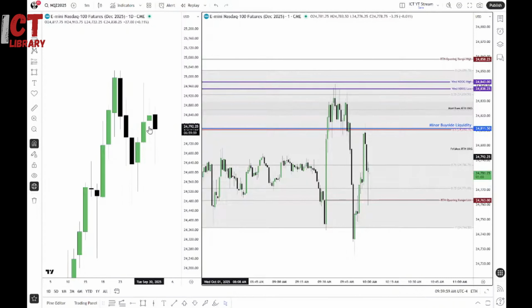So now look at the daily chart over here. Okay, we came off these lows really hard. We came up, swiped that minor buy side liquidity, and now we're going to get the news reaction here.